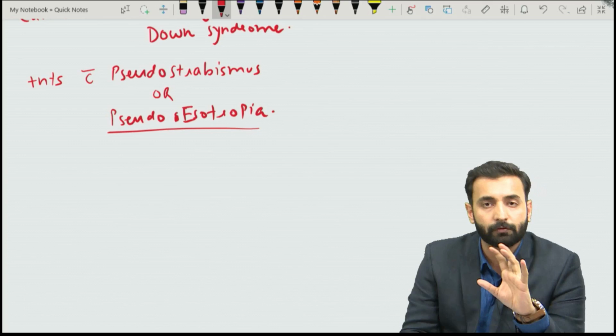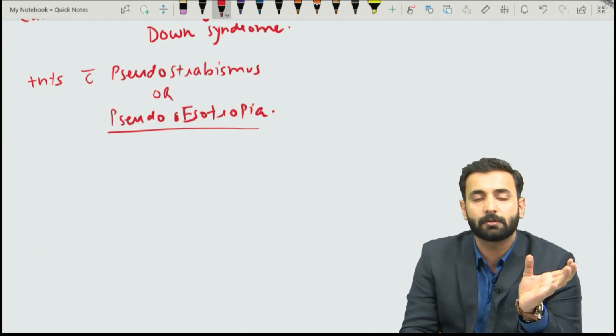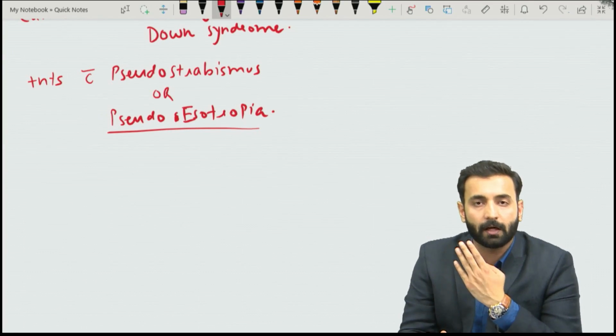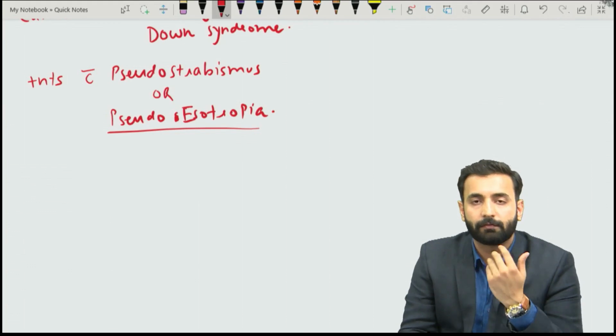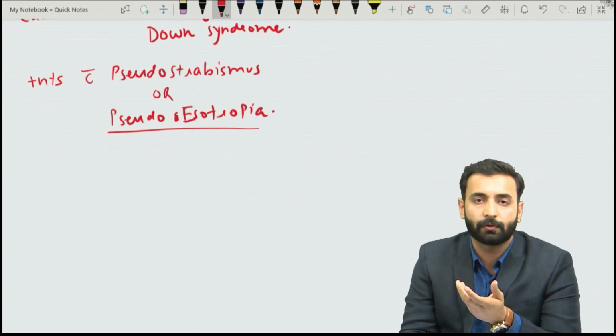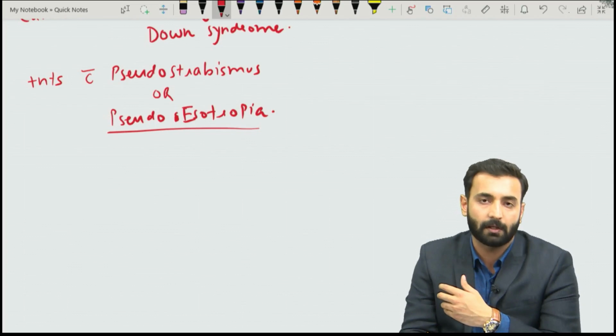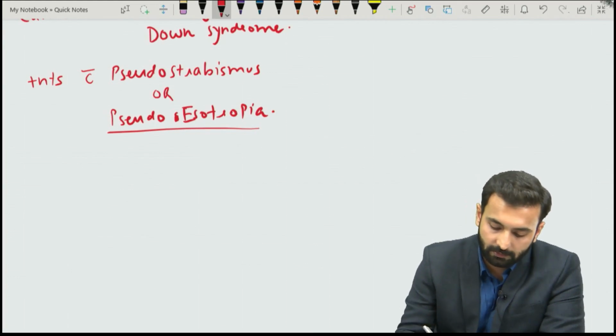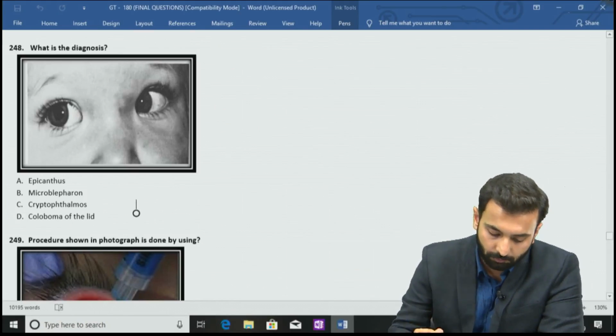How will you differentiate or confirm this condition? You will perform a cover and cross cover test, which will show orthophoria, which is normal alignment of the eye, right? So this is all about epicanthus you should know.